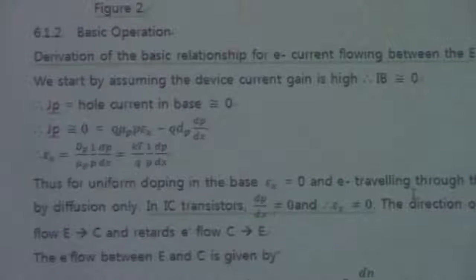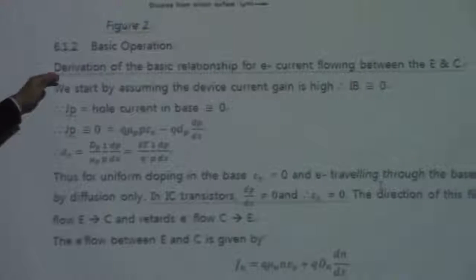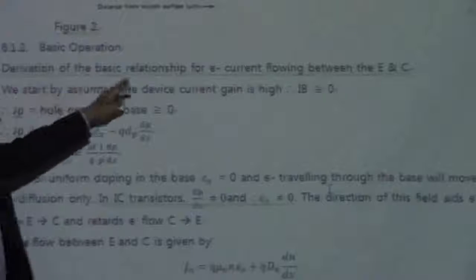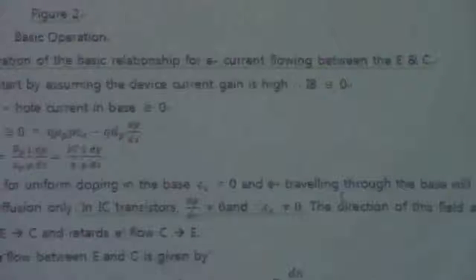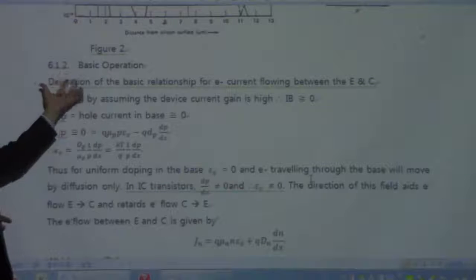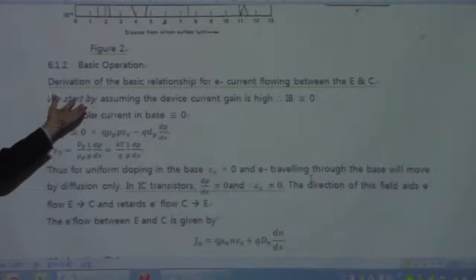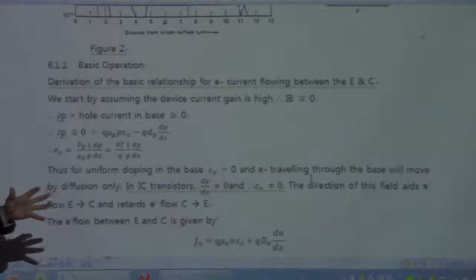fabrication of bipolar transistors. Now, the basic operation. Let's derive the basic relations for the electrons flowing from the emitter to the collector. That is the main thing, right? That is the main thing, and the current between emitter and collector, the electrons and holes are both involved in this current, so that we call this transistor bipolar transistors.